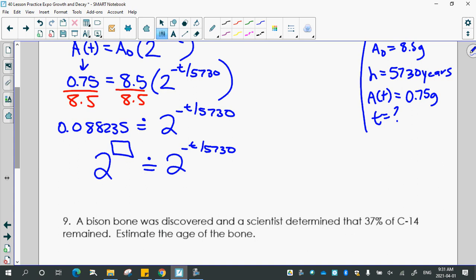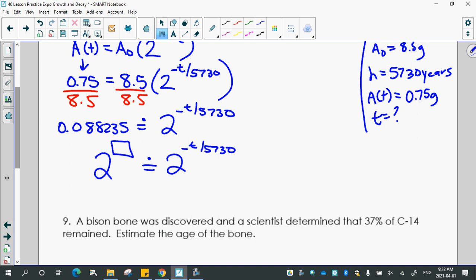Because it's less than 1, we know our exponent's going to be negative. So 2 to the negative 4.06, 2 to the negative 3, so it's between those two. 2 to the negative 3.5, I got 0.088.